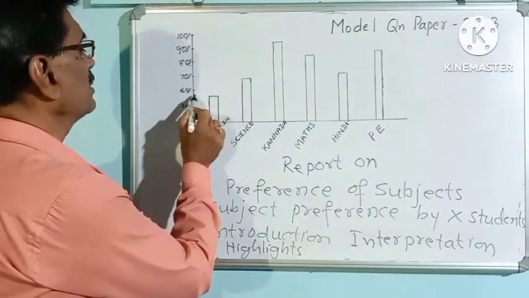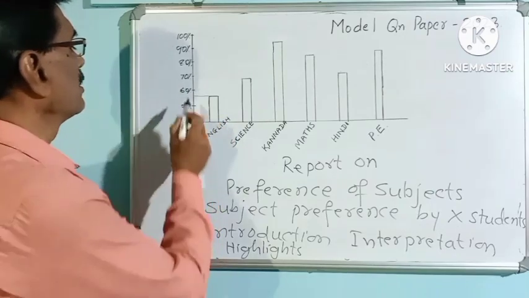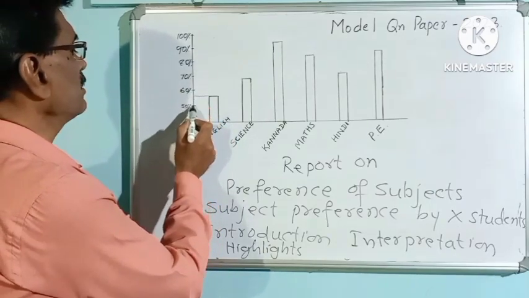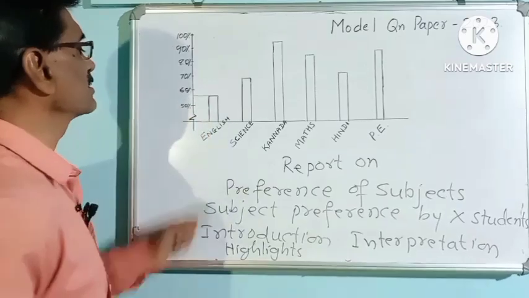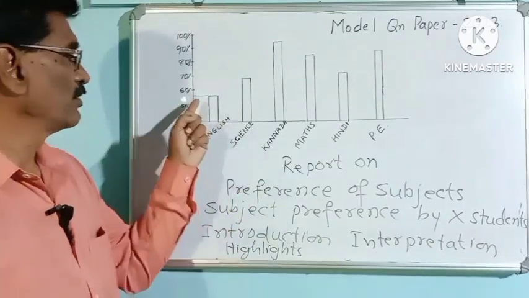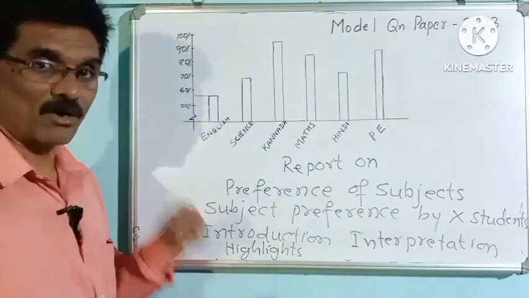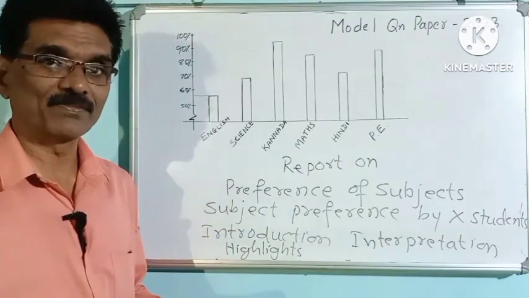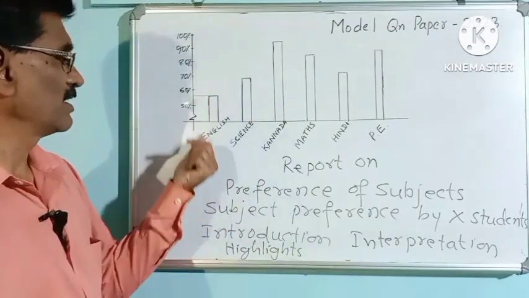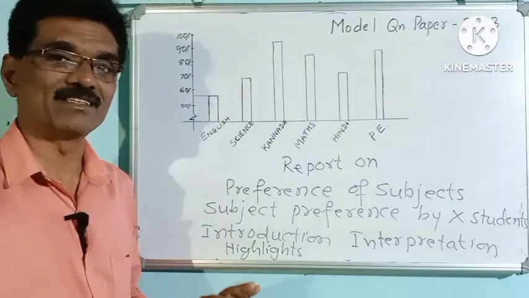Say English is preferred by, say this is 60, this is 55 and 56, you can say 57. 56% of the students prefer English. That means this is the least.